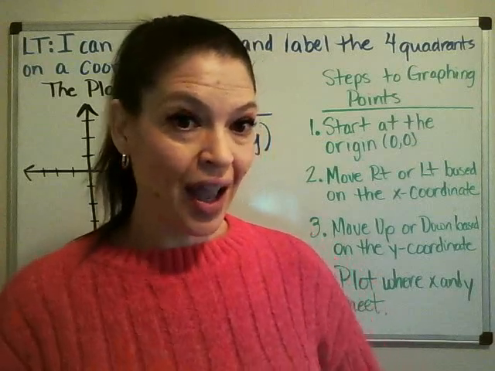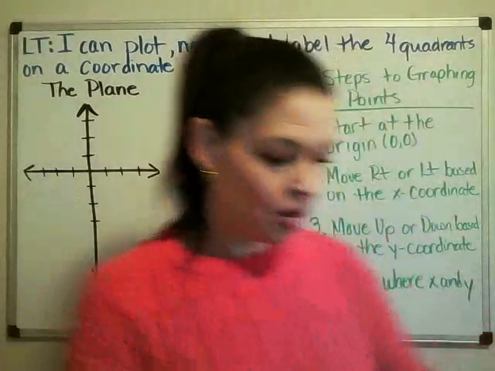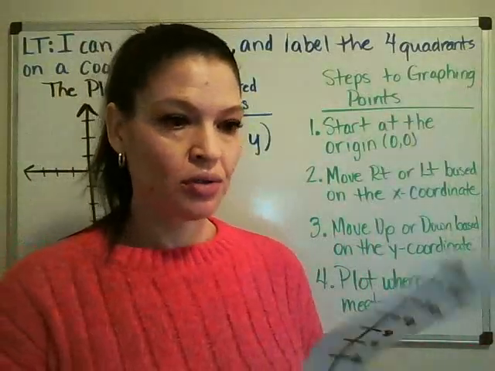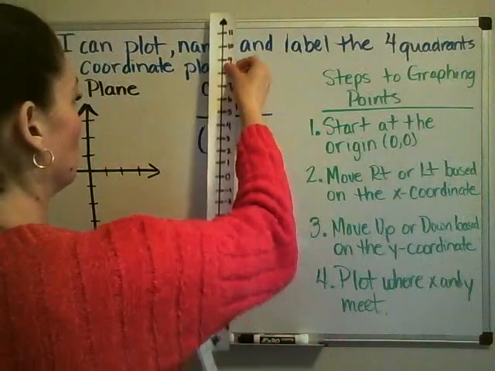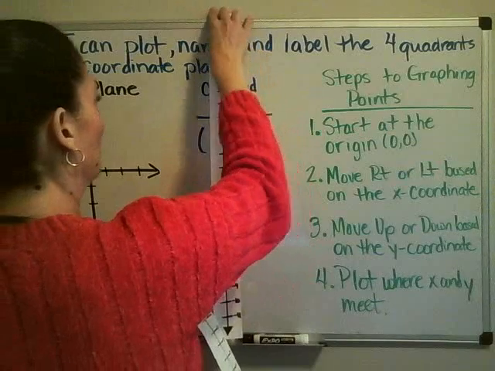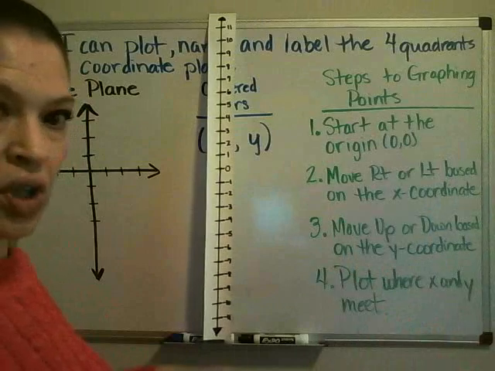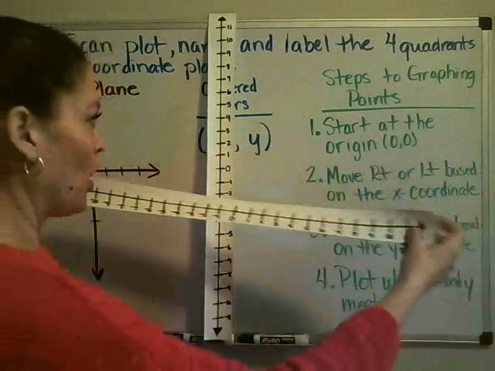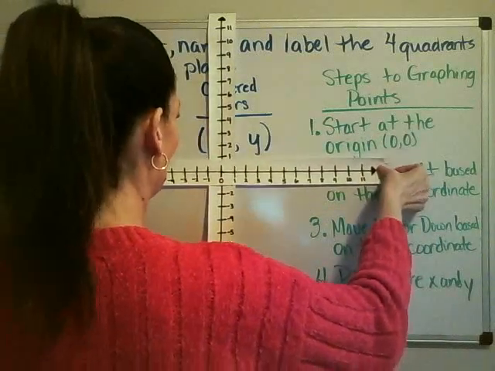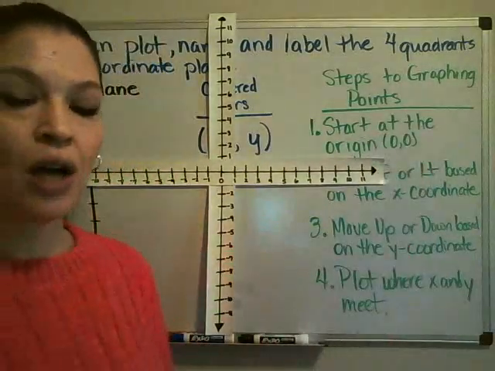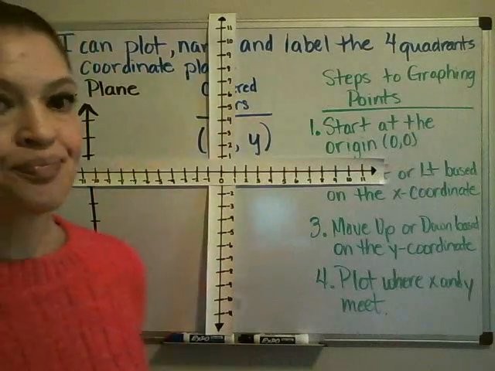What we're going to do today is put our vertical number line knowledge and connect it to our horizontal line knowledge. And we're actually going to be learning how to plot points on the 4-quadrant coordinate grid.